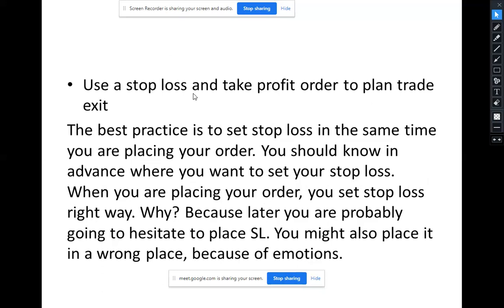Use a stop loss and take profit order. Let me tell you one of the reasons why I don't use stop loss. The reason is to avoid stop hunts. Secondly, I'm always active. I check my charts from time to time.